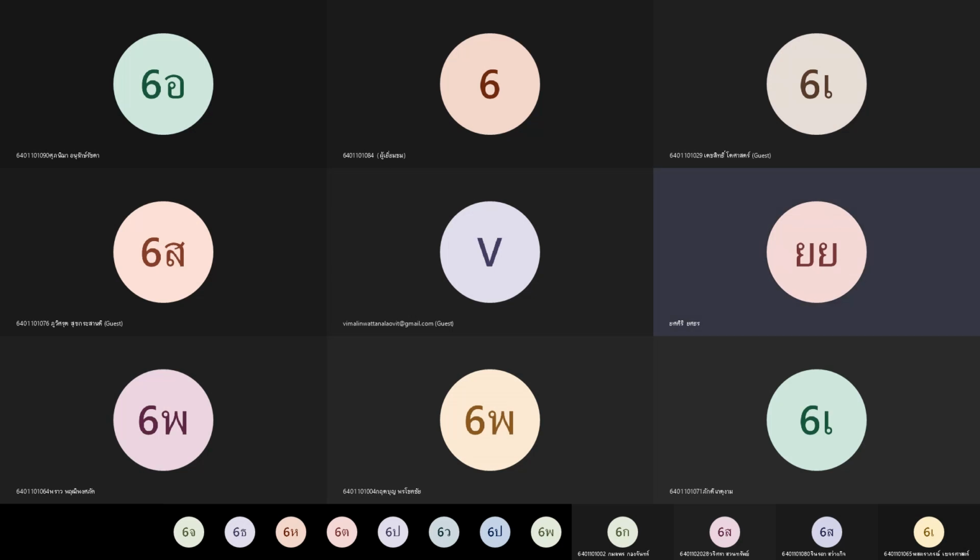And today we are having the first test. You may have seen the test blueprint already. So the test will begin soon.